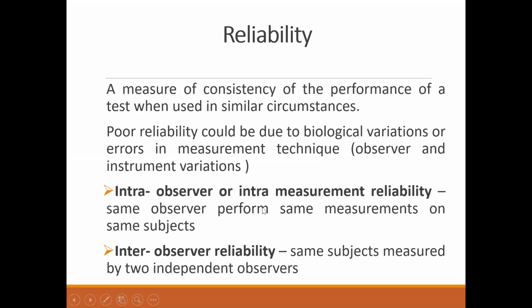When we say there is poor reliability, it could be due to biological variations or errors in measurement techniques. Mostly we come across intra-observer or intra-measurement reliability and inter-observer reliability. Intra-observer means the same observer performs the same measurements on the same subjects, whereas for inter-observer reliability, the same subjects are measured by two independent observers.